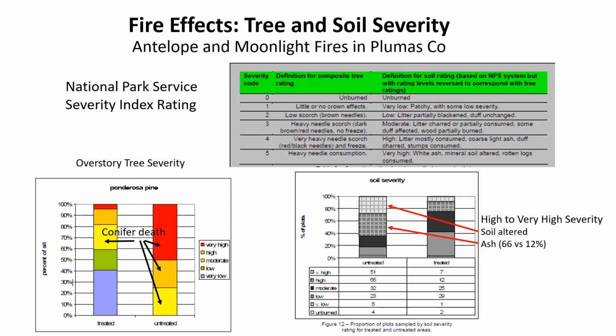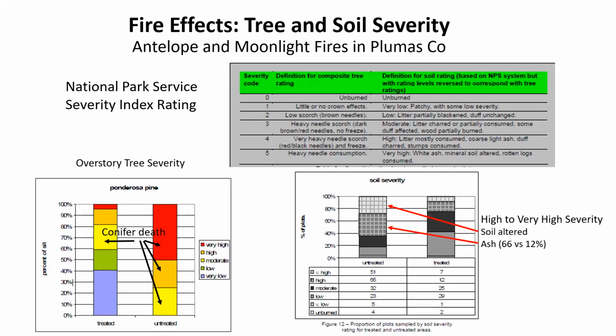And then on the right, soil severity, this was really dramatic. In the untreated area, those little checkerboard parts are where the soil was altered. And the chemistry of it is altered, and either it's all ash or actually the color of the soil, the minerals are altered.